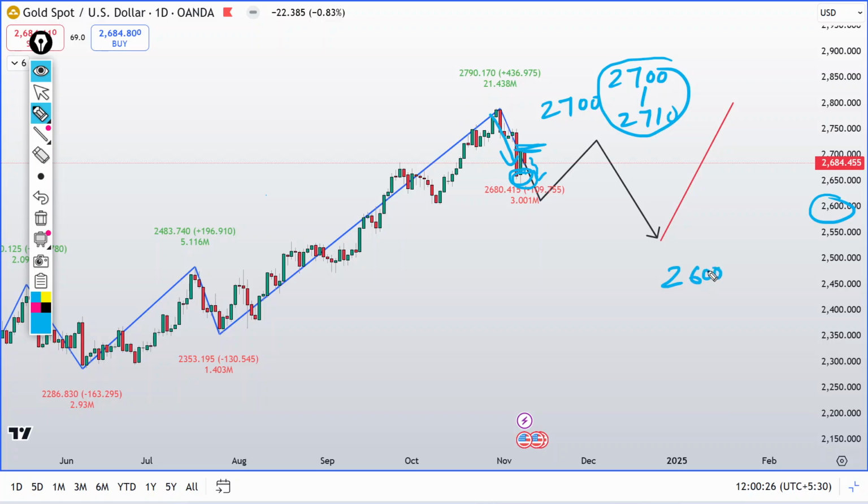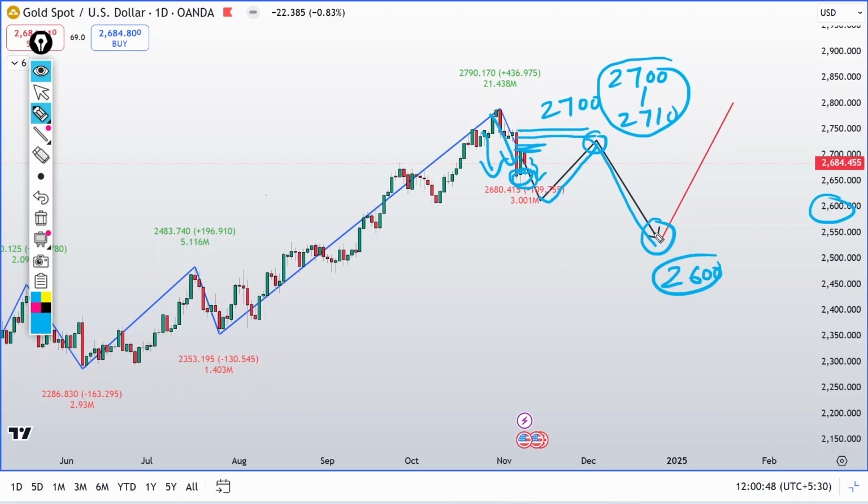2600 as per this current sharp move, and then we can expect a correction like this into November end, and then gold price can make a move near this resistance area and then further decline as per this daily cycle.